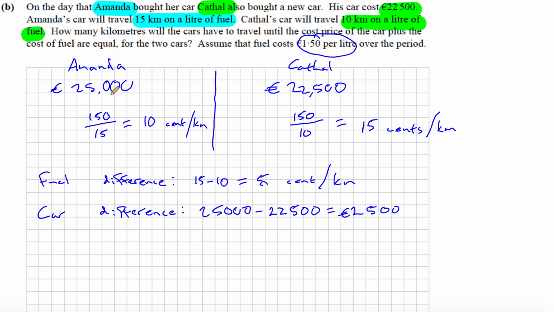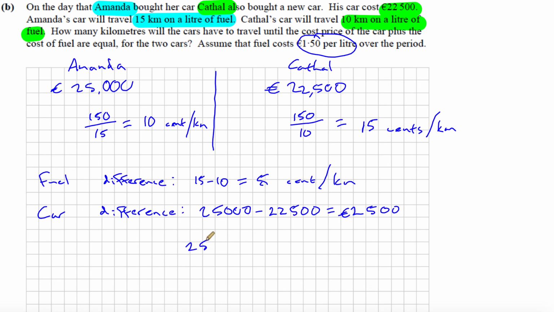So we can see that Amanda has the more expensive car, but she spends less per kilometre on fuel. And Cathal has the cheaper car but spends more per kilometre on fuel. So we need to see how many of these 5 cent differences are in this amount here.